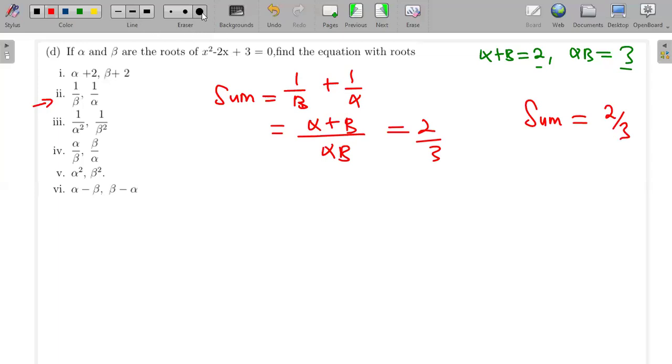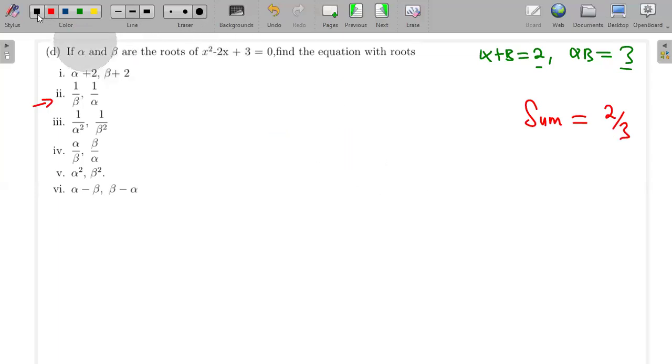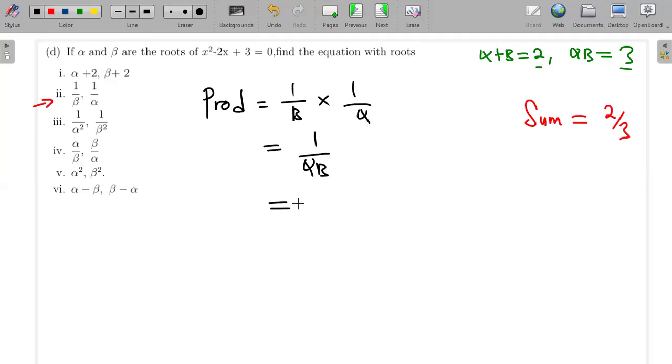Let's find the product. Product will be equal to 1 over beta multiplied by 1 over alpha. So we're just going to get 1 over alpha beta. So this will just be 1 over 3. So the product is 1 over 3.